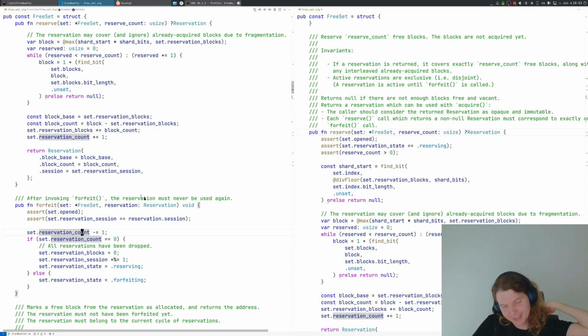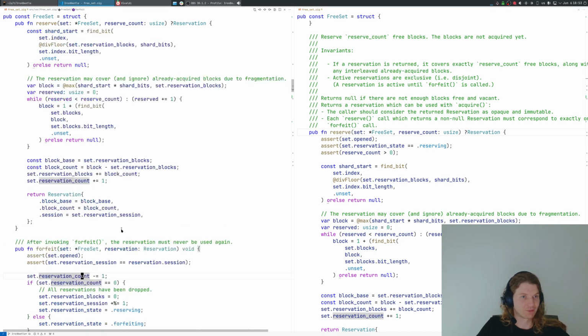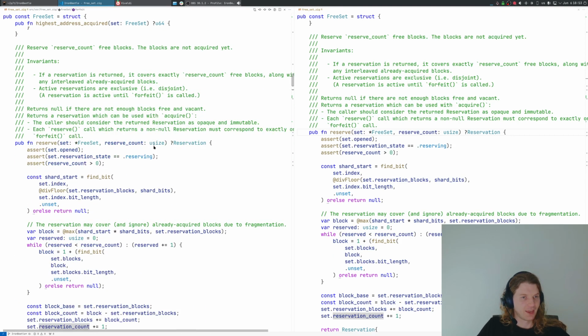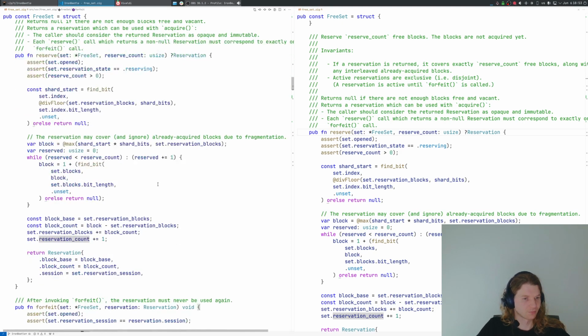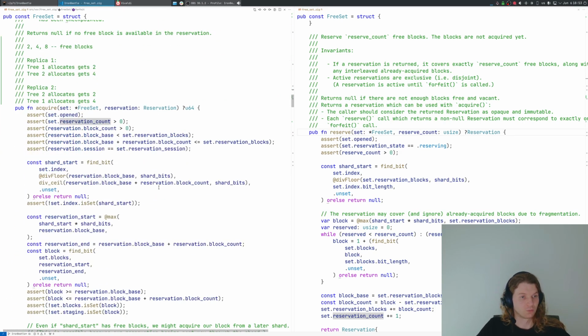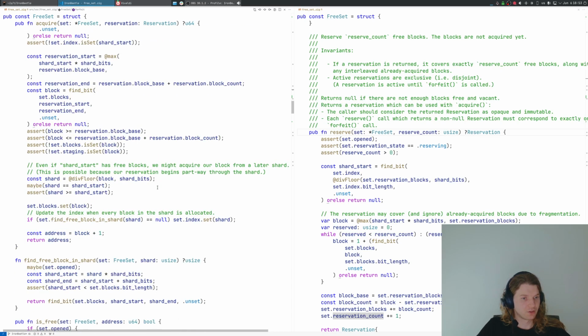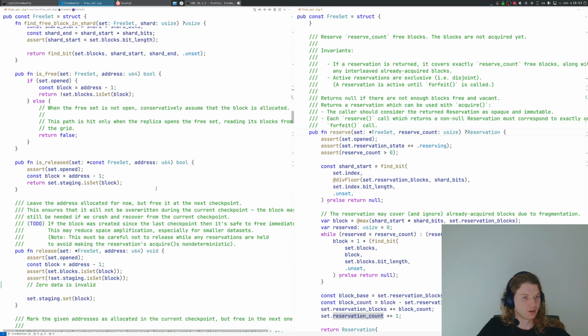When we get past 0, we flip our state between reserving and forfeiting, and we check that those are not concurrent, that the reservation and forfeiting stages are properly interleaved. Okay, so is there anything super interesting we have here?